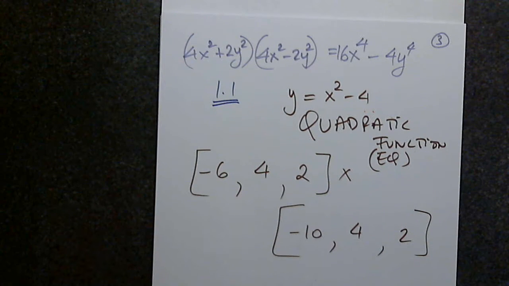The x-axis will have -6 till 4 with a tick of 2. So -6, -4, -2, 0, 2, and 4. That's what the unit would be of 2. What about the y-axis? From -10 till 4, again with a tick of 2. -10, -8, -6, -4, -2, 0, 2.